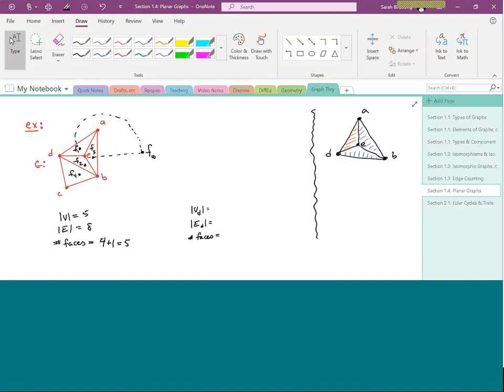What's going to happen, and we're going to get to this formula in a little bit, is the formula will tell you that there's a set number of faces. If you have X number of vertices and Y number of edges, and you're a planar graph, there's a formula and you can solve for how many faces there actually are. Okay?